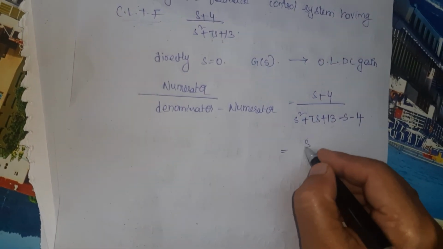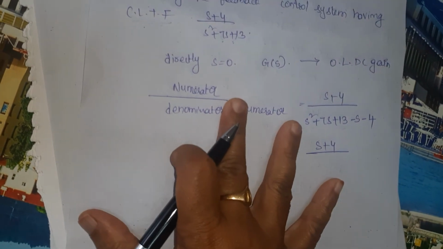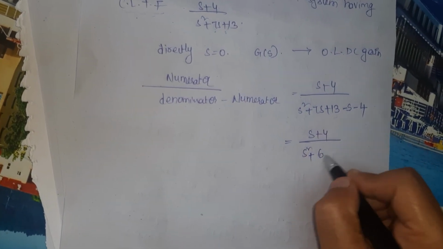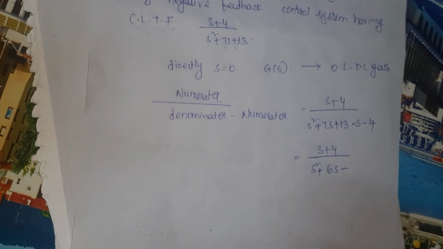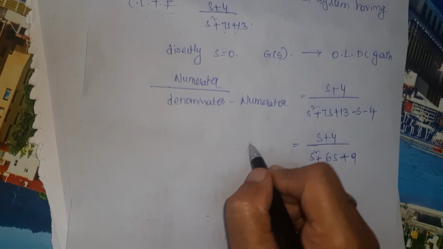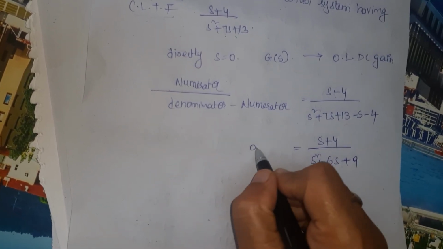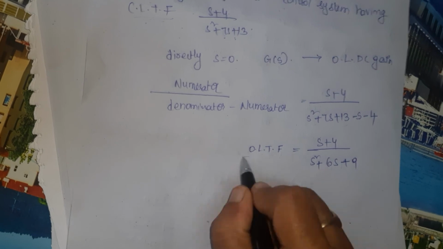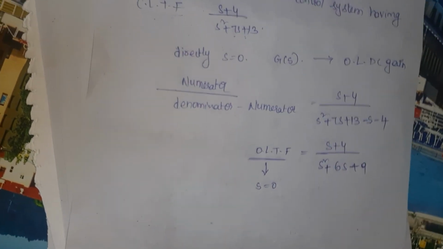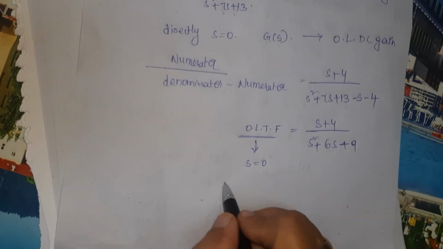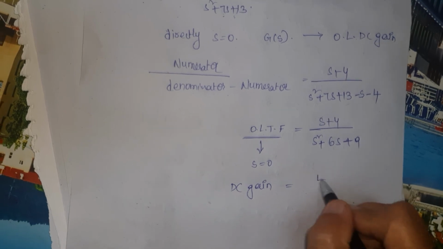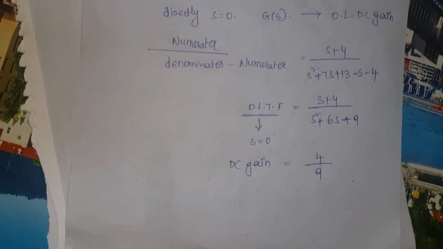So what will I get? s plus 4 by s square plus 7s minus s, that is 6s, plus 13 minus 4, that is 9. Now we got the open loop transfer function. In the open loop transfer function you have to substitute s is equal to 0 to get the DC gain. So the answer is 4 by 9.